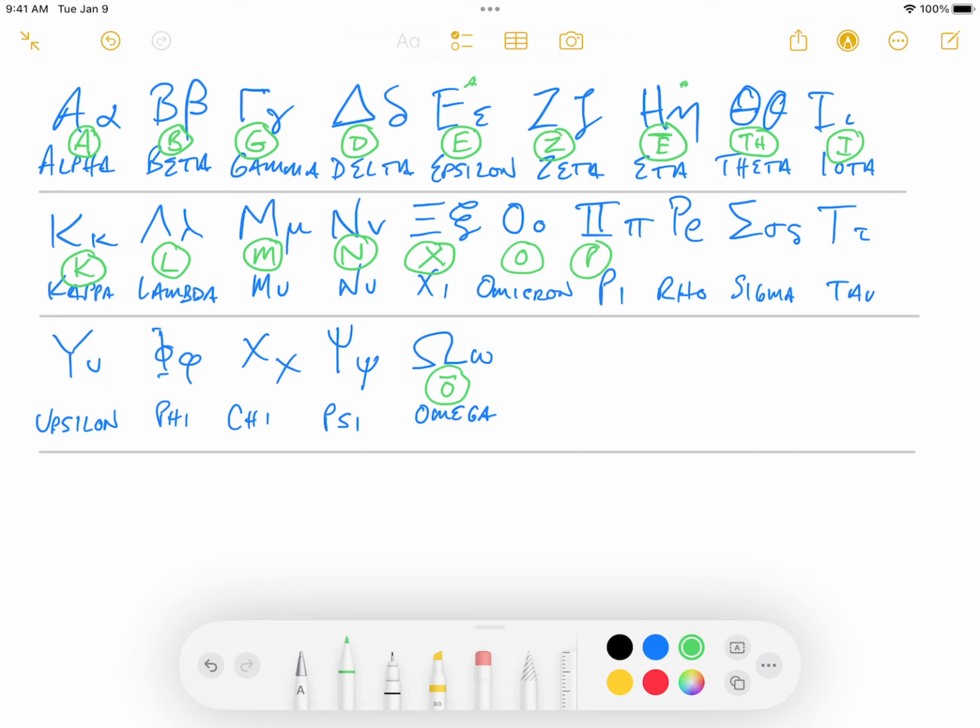P is a P. Rho is an R. All the sigmas can be an S, and tau transliterates T. Upsilon can either be Y or it can be U, depending on what looks better. Sometimes upsilon is best transliterated as the letter Y, as in the word cyclops, C-Y-clops, right?